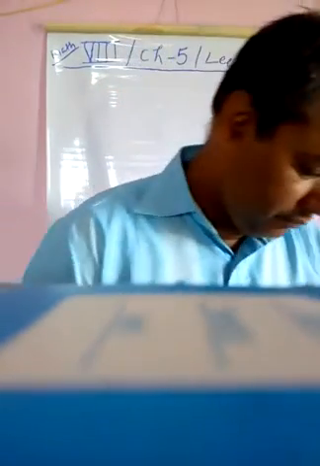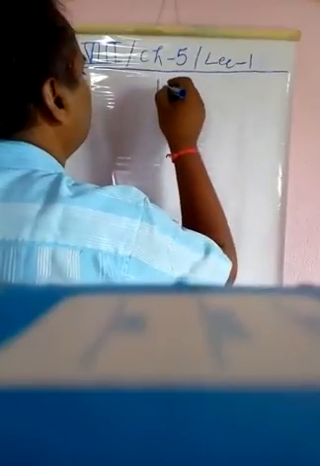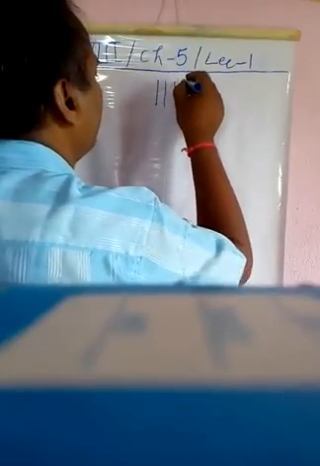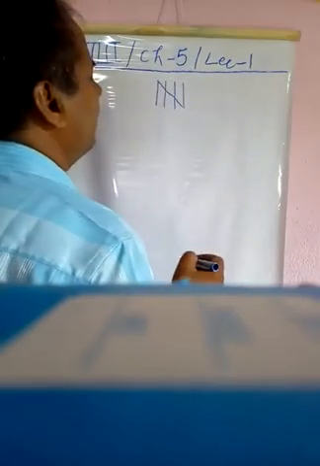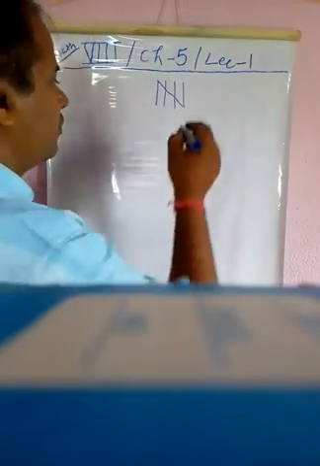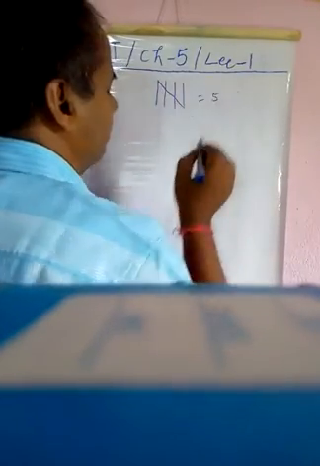I will show you on the board. Like 1, 2, 3, 4, and the fifth will be written diagonally. So it will represent 5.